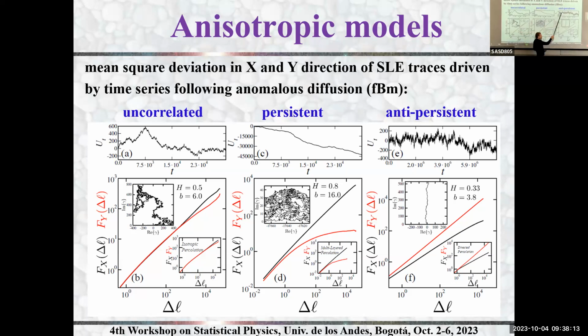And if you take strongly anti-persistently correlated ones, that means they fluctuate anti-persistently, then you get anisotropic walks in the other direction. So there's a clear sign, in both directions, that the anisotropy plays a role in the hyperdiffusivity of the driving function.